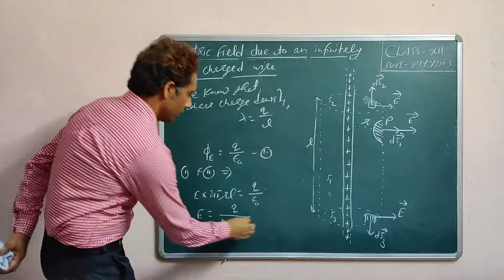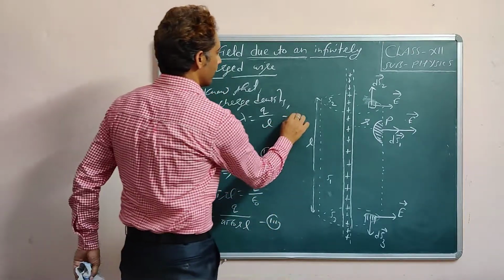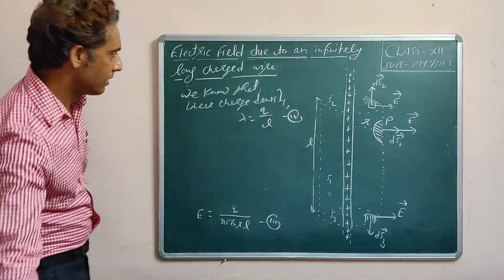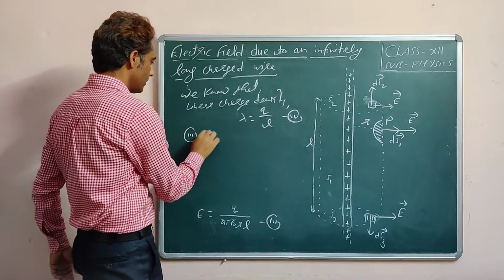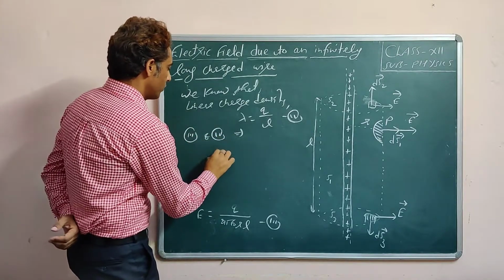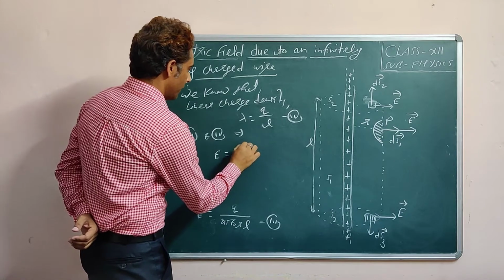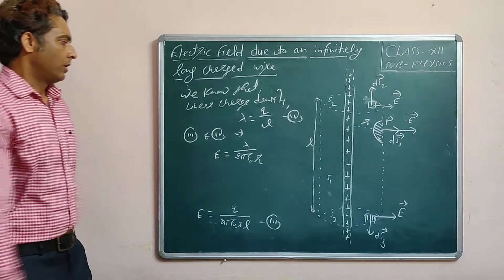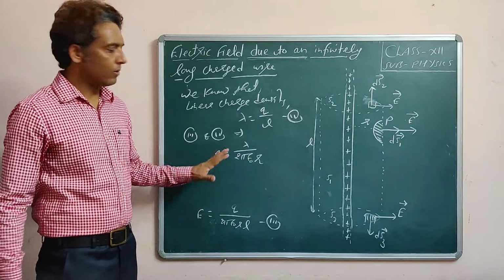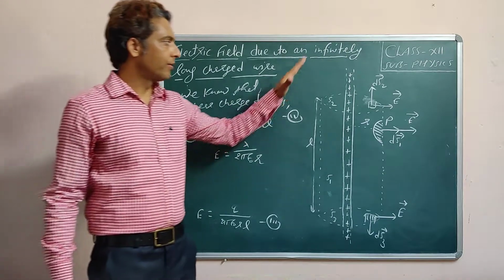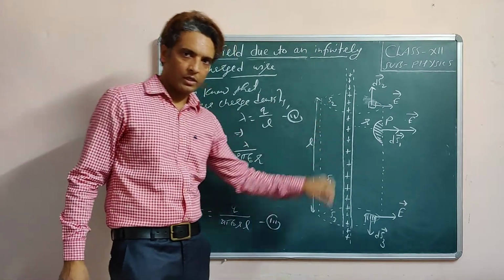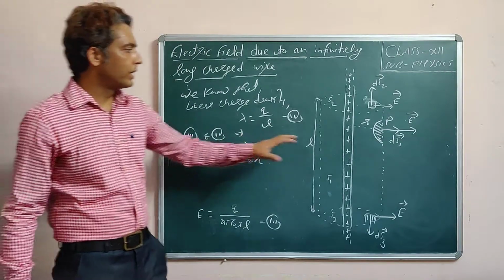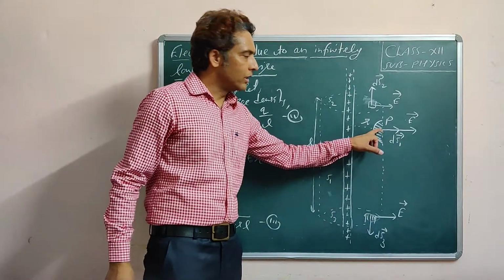So if it is number 3 equation, number 4, then 3 and 4 implies E is equal to lambda over 2 pi epsilon naught R. So this is the expression for electric field due to infinitely long charged wire in terms of linear charge density and distance of the point where we have calculated this electric field.